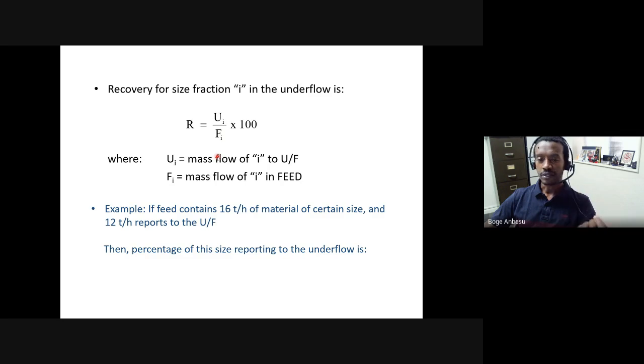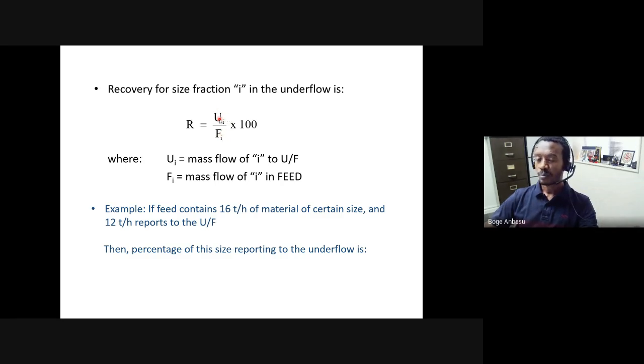So for any given size, let's say 200 micron. What we're saying here is 200 micron particles in the underflow or in the coarse fraction in comparison to 200 micron particles that I initially had in the feed.